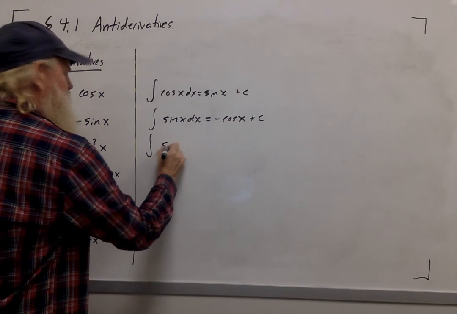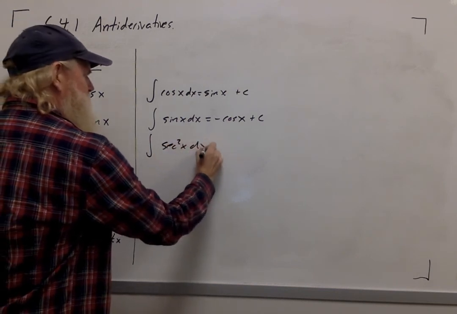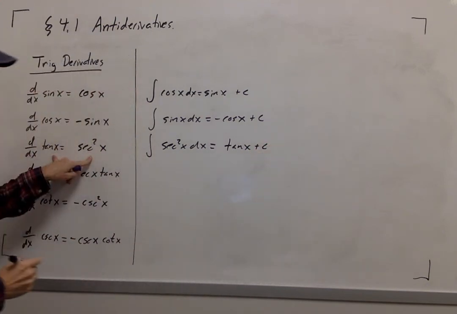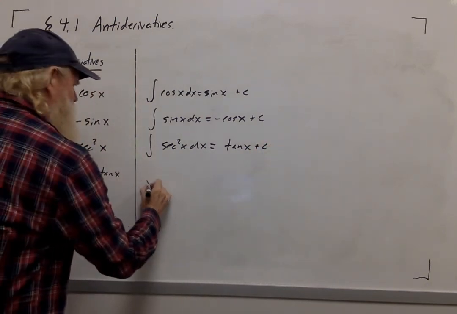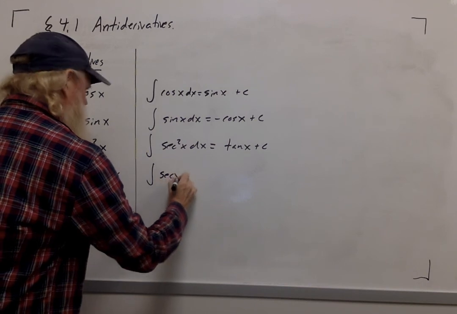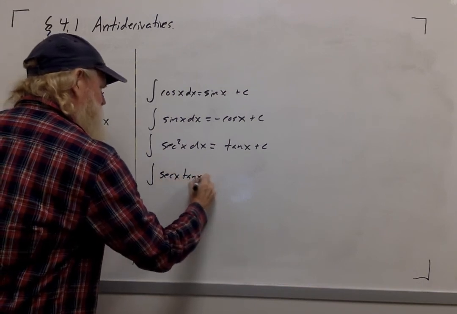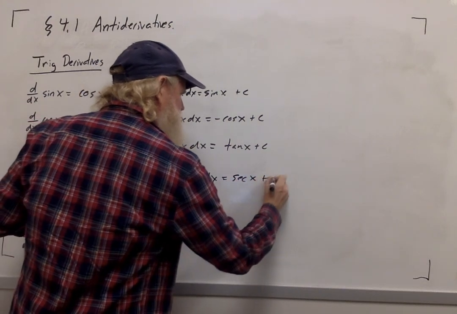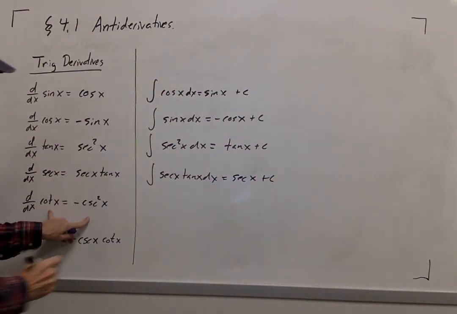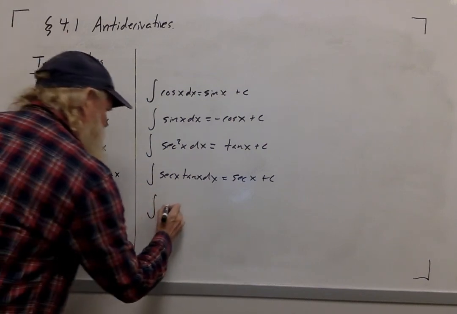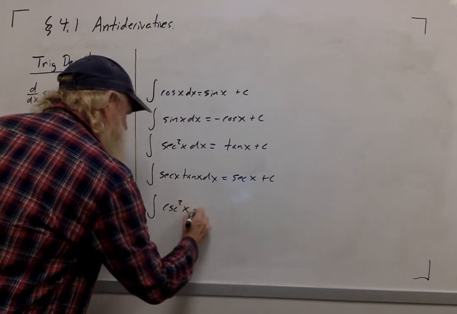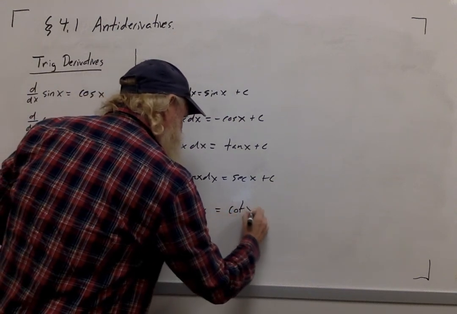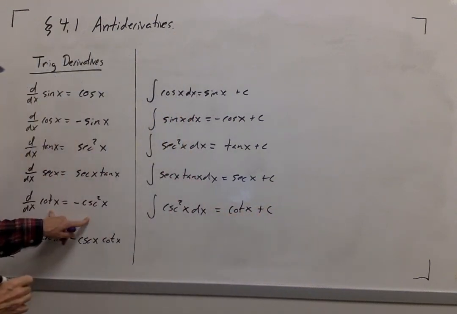The antiderivative of secant squared x is tangent x plus c. The antiderivative of secant x tangent x is secant x plus c. The antiderivative of cosecant squared x is going to be negative cotangent x plus c.